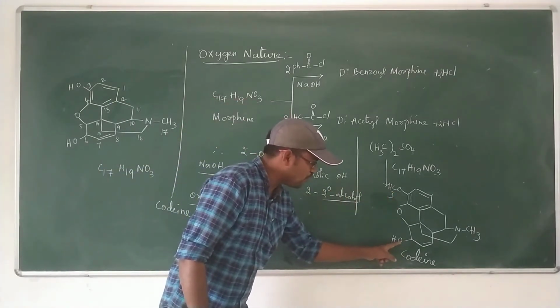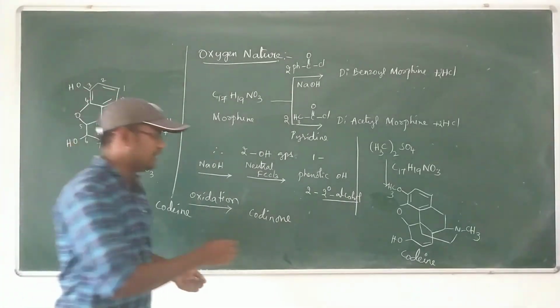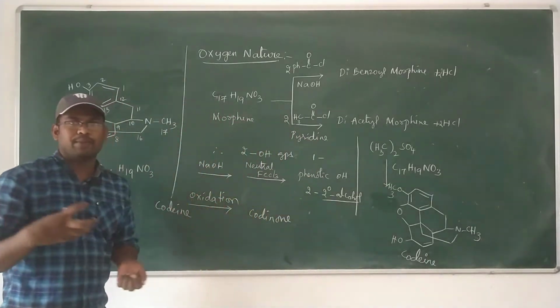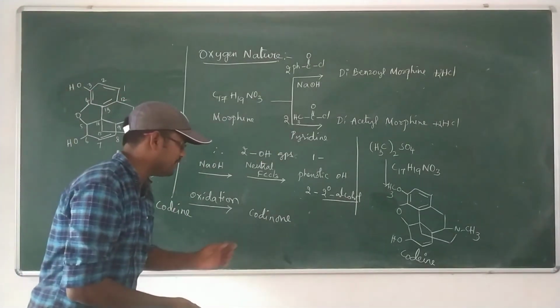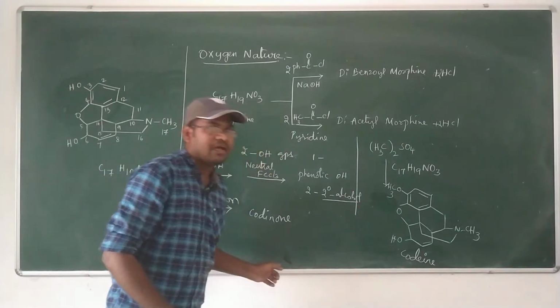Codeine has an OH group, codeinone has a C=O. Simply, OH is converted into C=O. When OH is converted into C=O, the resulting compound is codeinone. That clearly indicates the OH group undergoes oxidation.